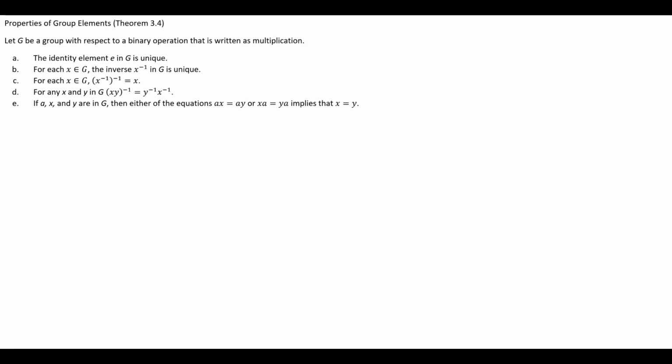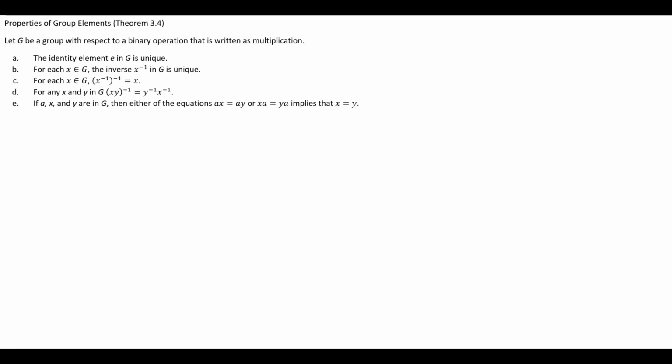Then we realize that if the binary operation on a group is commutative, then we know that it is either a commutative group or an abelian group. Today we're going to look at section 3.2, where we talk about properties of group elements.